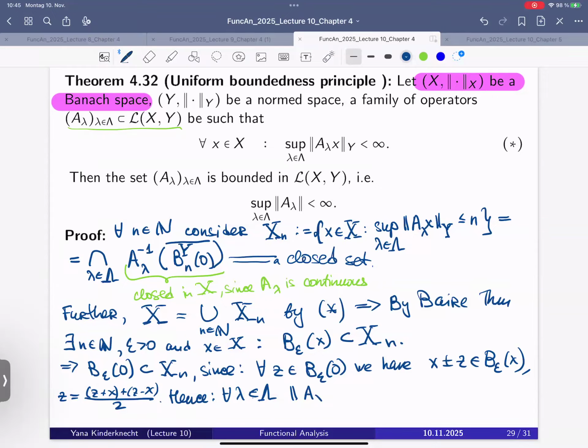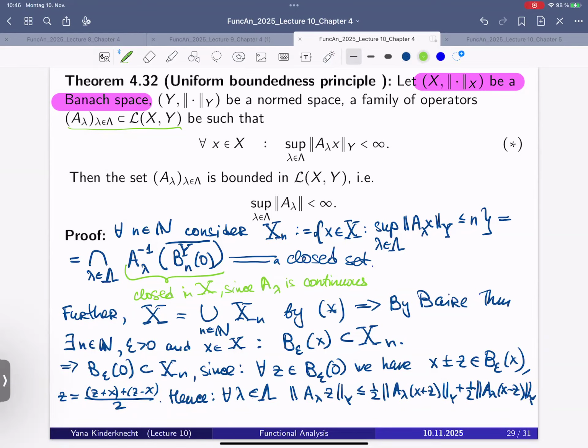The norm in Y of A_lambda of z, using this representation of z, the linearity of the operator A_lambda and the properties of any norm, is smaller or equal than 1/2 the norm of A_lambda of x plus z in Y plus 1/2 the norm of A_lambda of x minus z in Y.